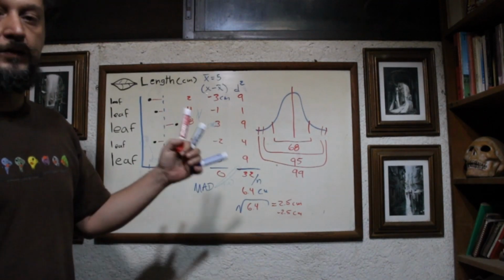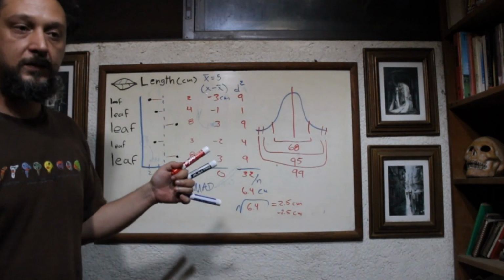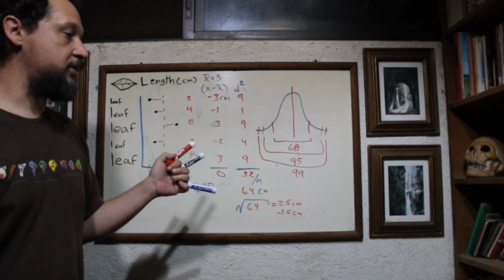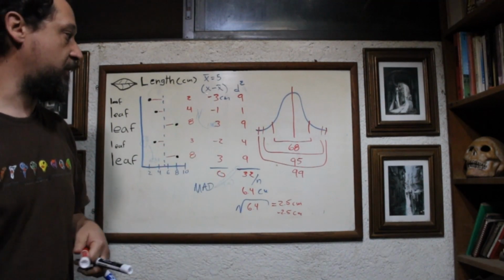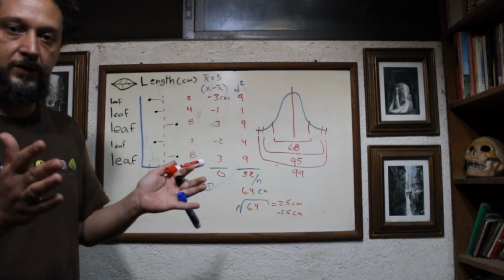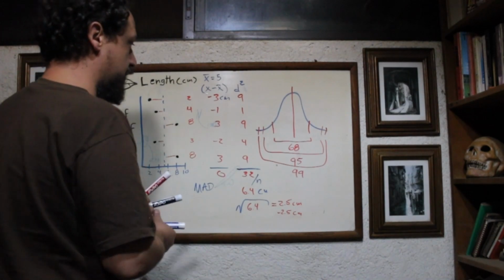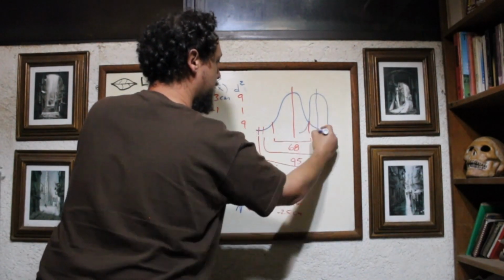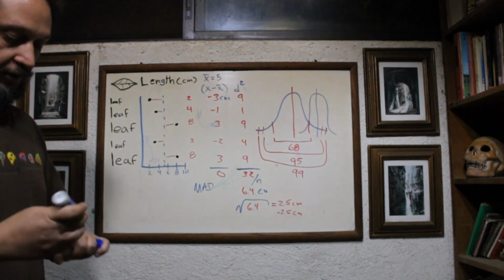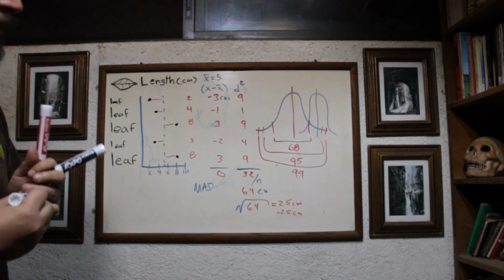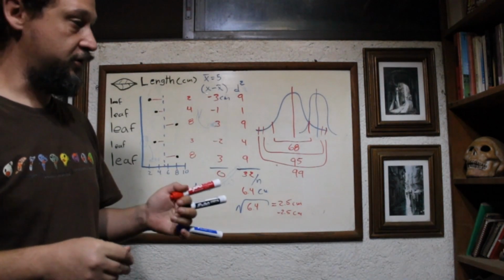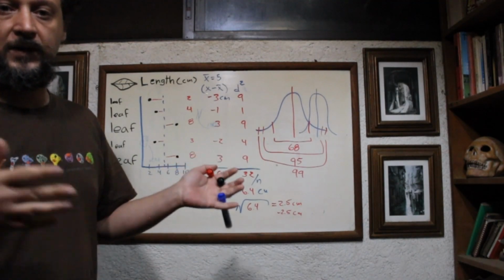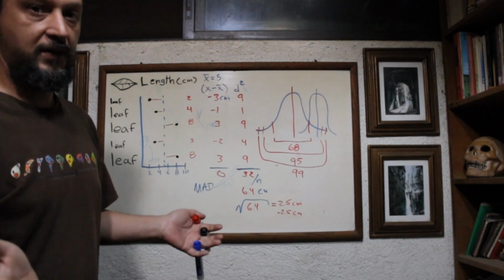And this is very useful because it will lead us later to statistical inference. For example, if you want to compare two populations, if one population lands here and the other one lands here, are they different?